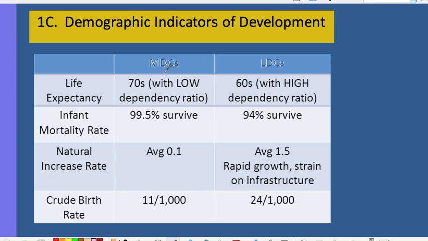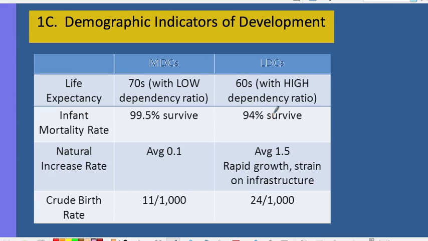We have a low dependency ratio usually, with not a lot of kids, and a high youth dependency ratio in LDCs. Infant mortality rate is usually much lower, so more babies are surviving their first year. Not much different with LDCs though, but still a little bit lower.